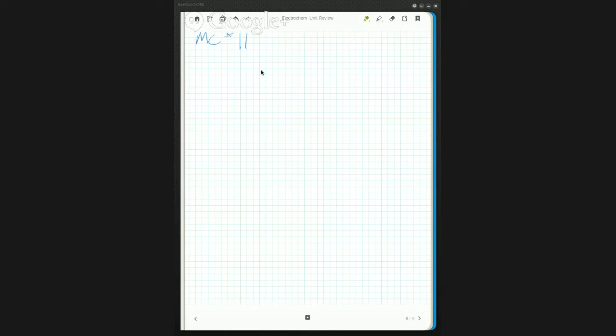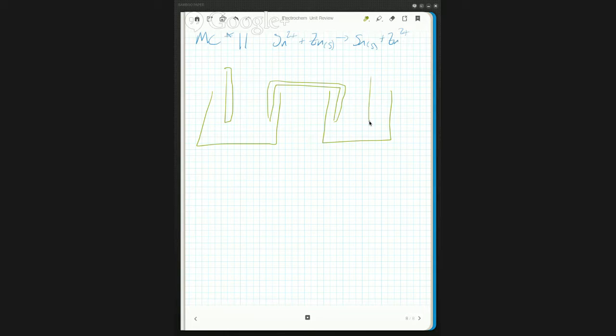And we had tin 2 plus and zinc as a solid goes to tin as a solid plus zinc 2 plus, which is aqueous. There's our salt bridge. There's our electrodes.